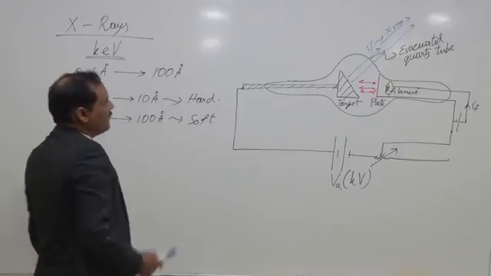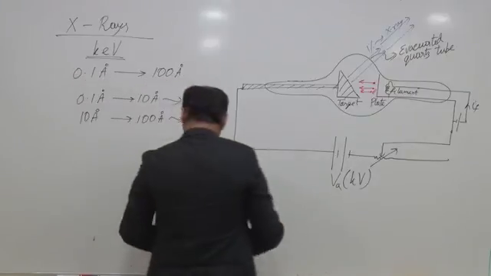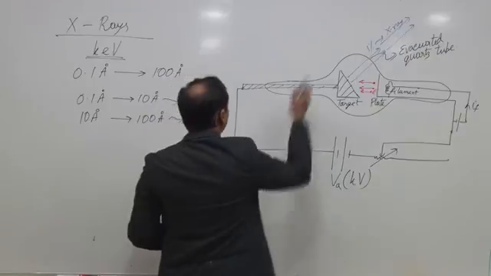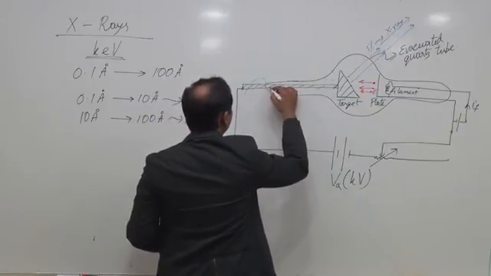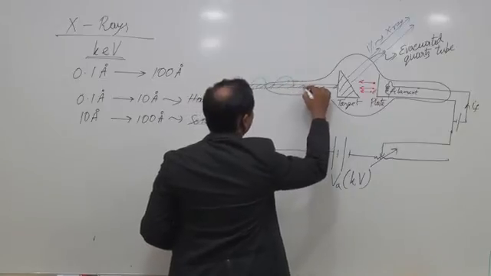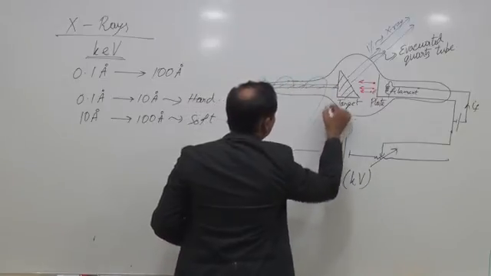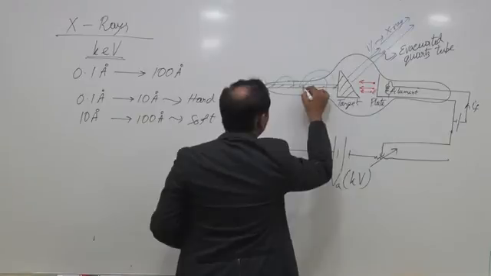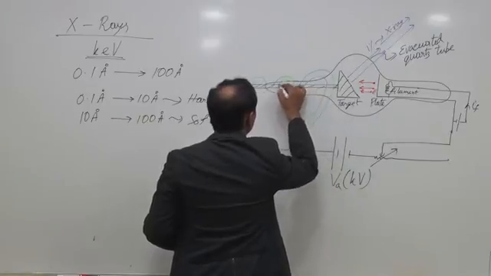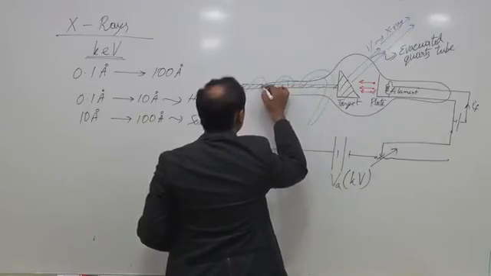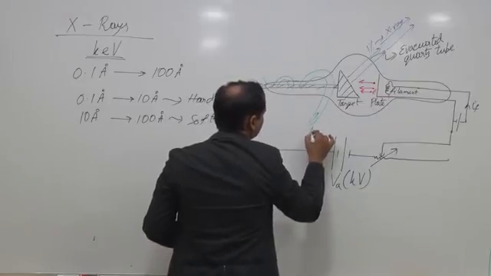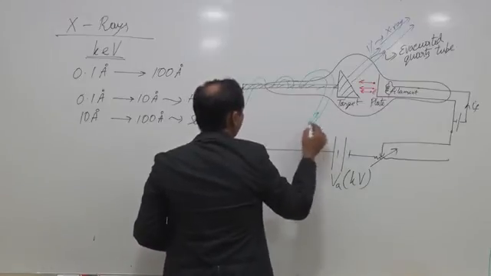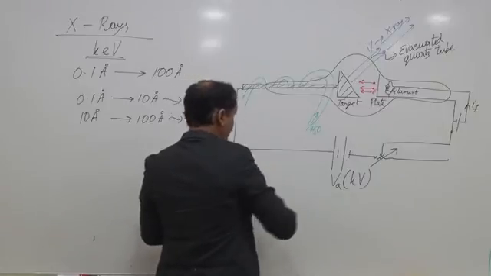So to prevent the melting of the target, fins are made, or cold water is flown through the tube to take away the heat.